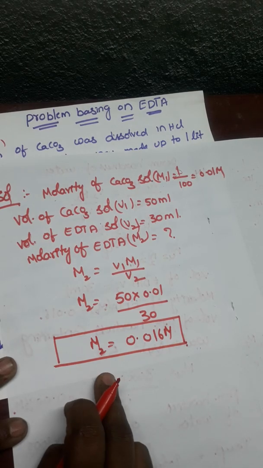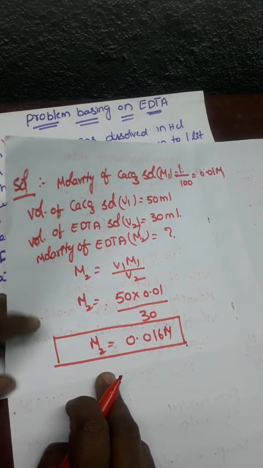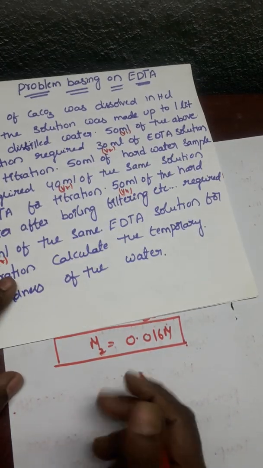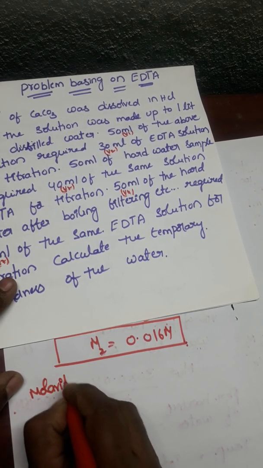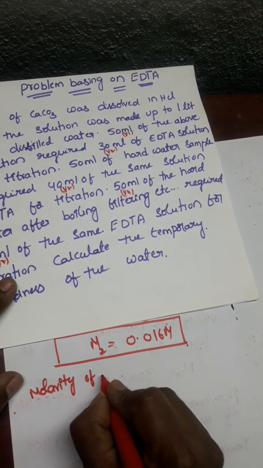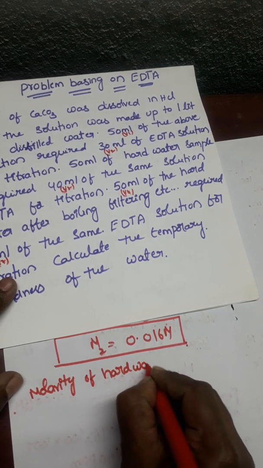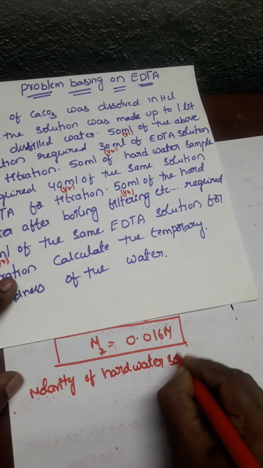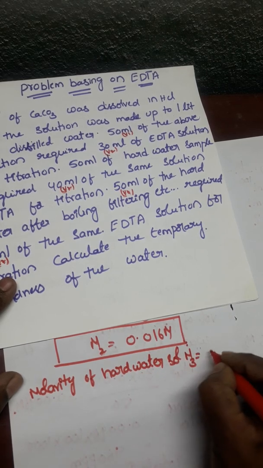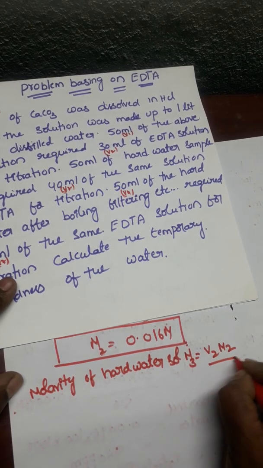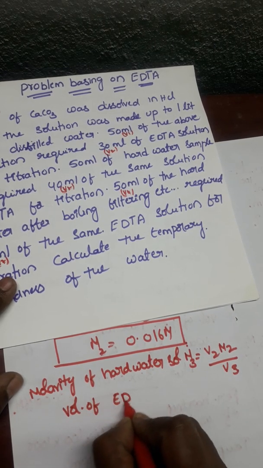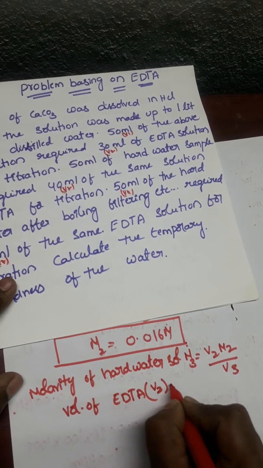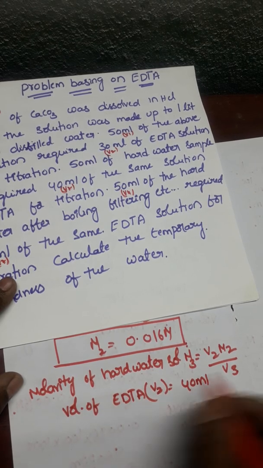Next, we have to calculate the M3 value. M3 means molarity of the hard water solution. M3 is equal to V2 M2 by V3. Here volume of EDTA V2 is equal to 40 ml.